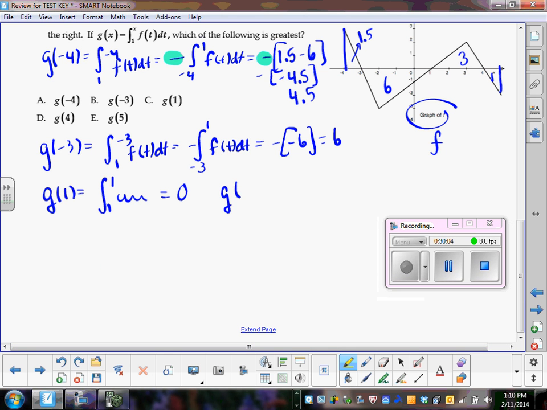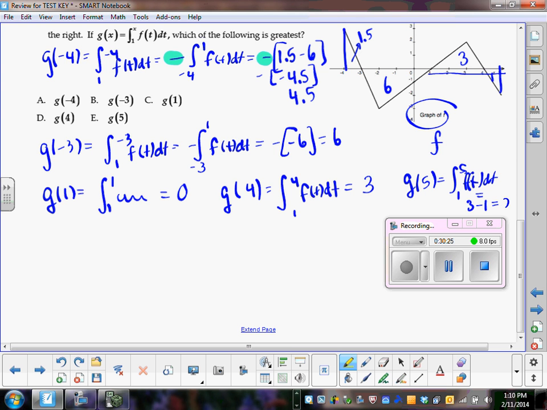Okay, and G of 4 is the integral from 1 to 4 of f of t dt, which is in the correct order, so just the 3. And G of 5 is the integral from 1 to 5 of f of t dt, which is already in the correct order, so we don't have to flip it. So from 1 to 5 is 3 minus 1. So the maximum value occurred at 6 here. So it was G of negative 3.